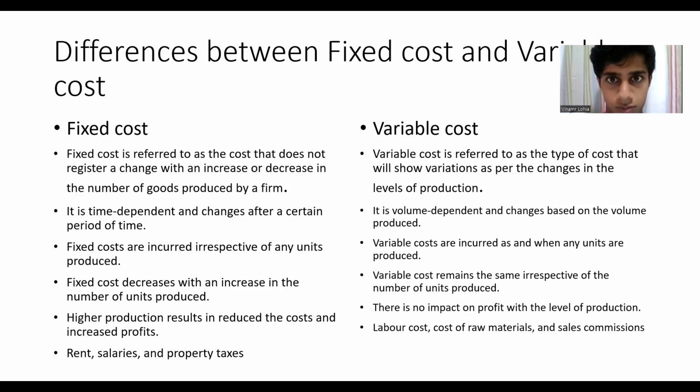So higher production results in reduced costs and increased profits in fixed costs, whereas there's no impact on profit with the level of production in variable costs. Probably fixed costs remain the same with an increase in the number of units produced. This point can be changed.